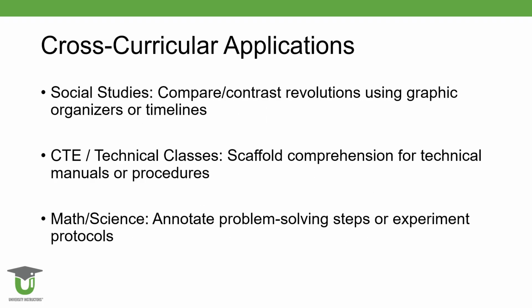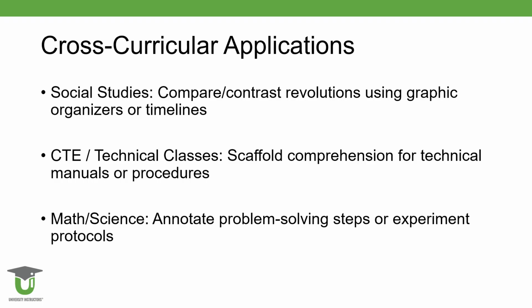Comprehension strategies can and should be applied across all content areas. In social studies, students can use graphic organizers or timelines to compare and contrast revolutions, helping them see cause and effect relationships and key differences. In CTE, or technical classes, scaffolded supports for technical manuals or procedures allow students to follow complex instructions and understand processes step by step.